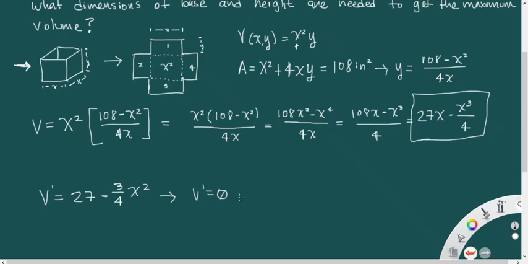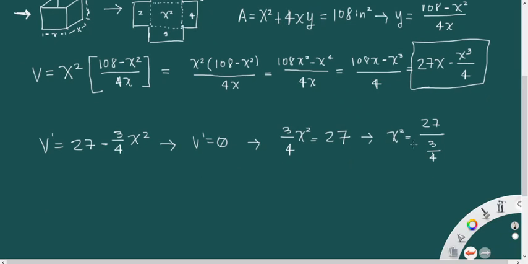So if we do that, we can simplify this expression and make that equal to 0. This is equal to 3/4 times x squared equals 27. Doing the math here, x squared is going to be equal to 27 over 3/4.